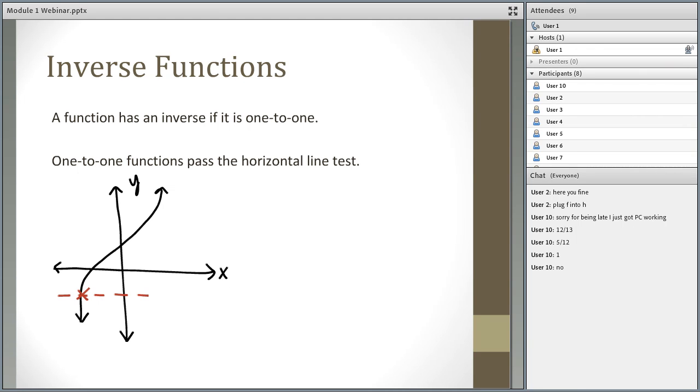If I draw a horizontal line there, I only cross the graph once. If I draw a horizontal line here, I only cross the graph once. And that's going to happen everywhere. No matter where I draw a horizontal line, there's nowhere that I'm going to cross the graph twice. And what that means is that this is one-to-one, which means that it has an inverse. We'll talk in just a minute about how to find the inverse.